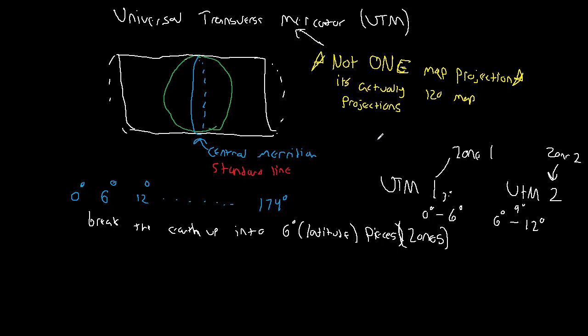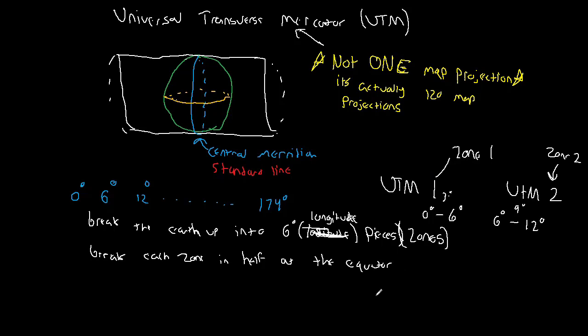So we can take that one step further. Not only do we break them up into 6 degrees latitude, or sorry, that should say longitude. I am so sorry. Based on longitude, 6 degrees based on longitude. We can also break each zone in half at the equator.